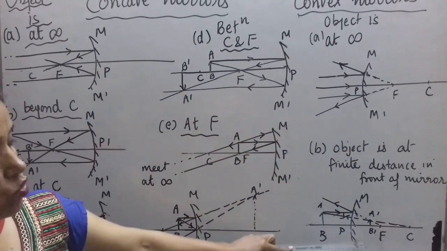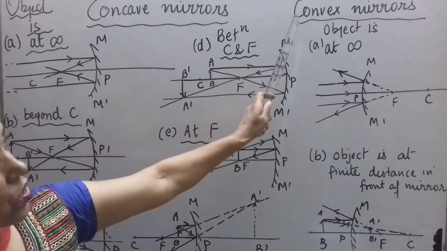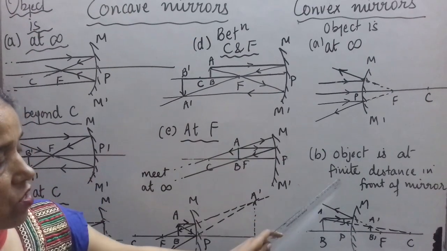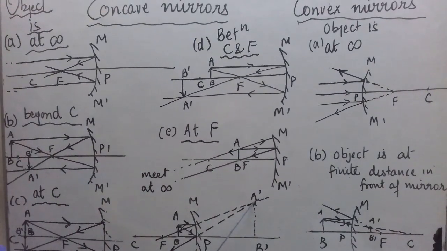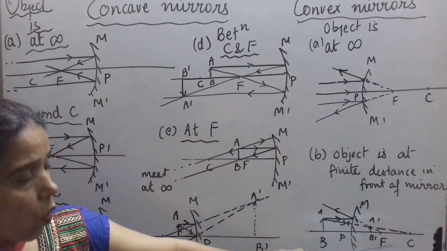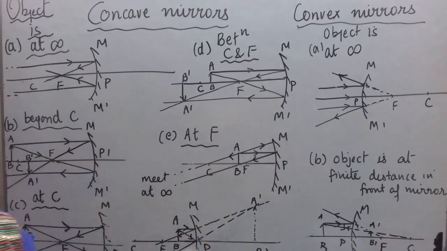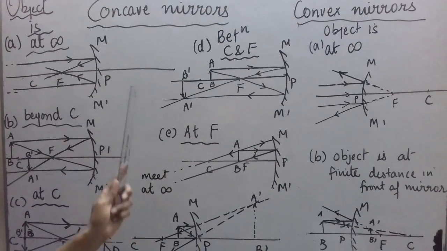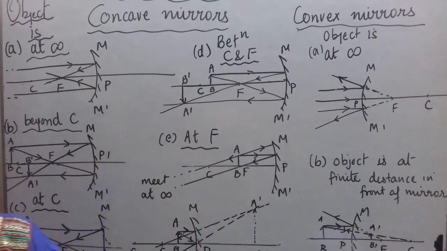So we are going to get only a virtual and erect image when we keep the object in front of a convex mirror. It is unlike a concave mirror where the virtual image is magnified. In a convex mirror, it is highly diminished or diminished only. So you should try to remember the properties of the image formed for the different cases in each of these 2 types of mirrors. I hope the topic is clear to you.